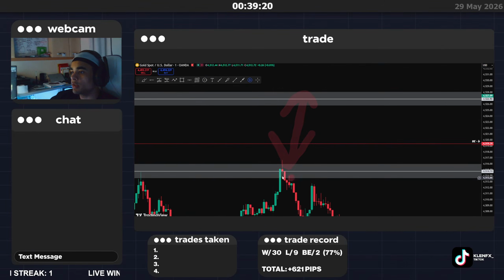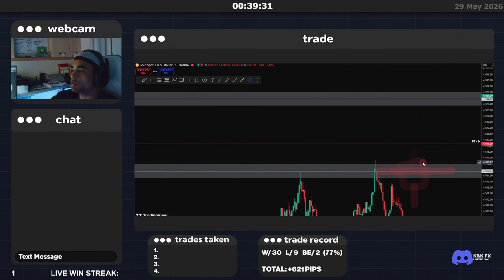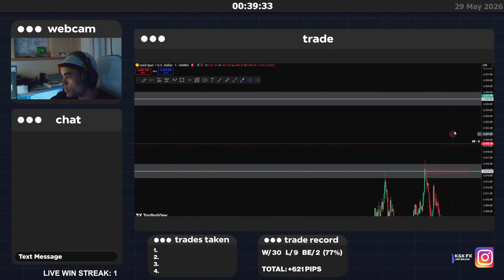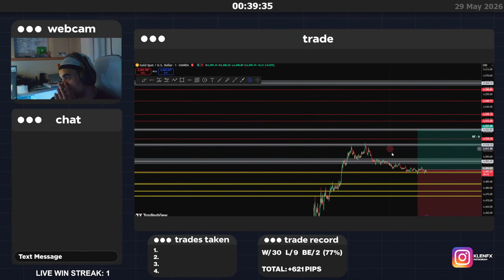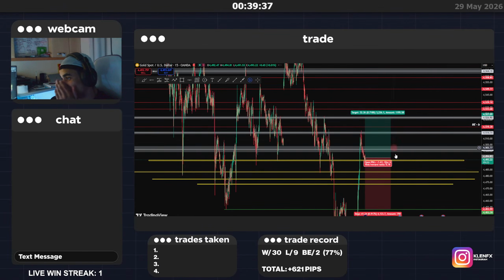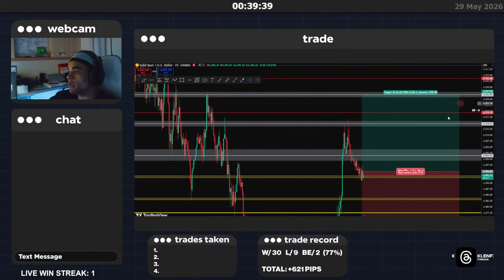You have a break on this price action, and you closed with the break. Then you came back down, tapped the support level, and that would have been our entries, but that was at 7 p.m. The market opens at 10 UK time, and I haven't looked at the chart since.